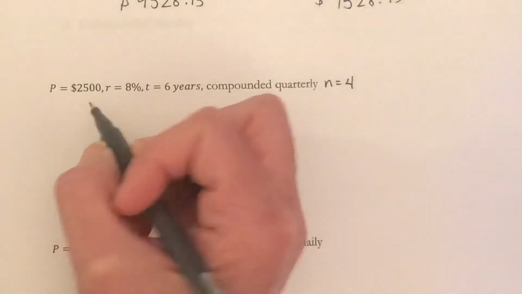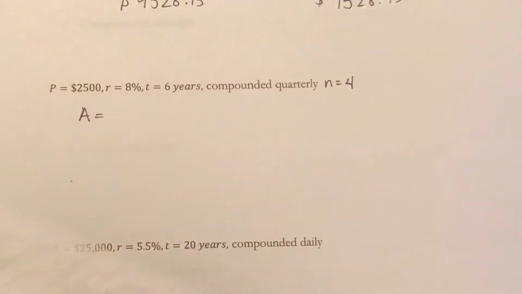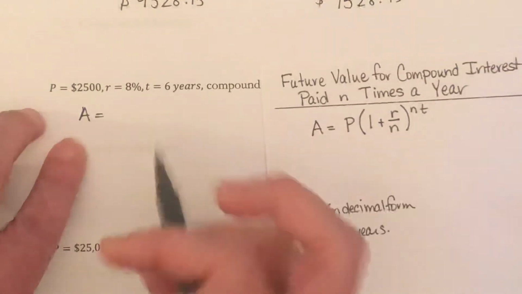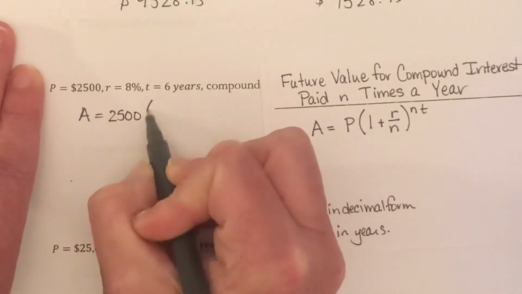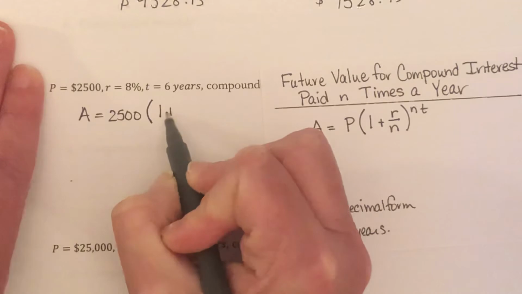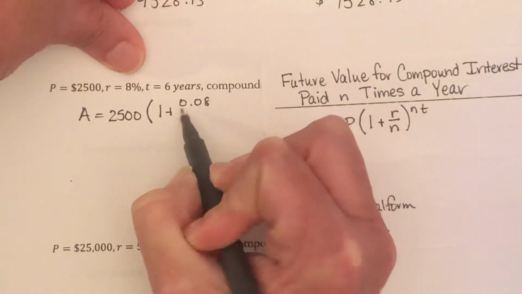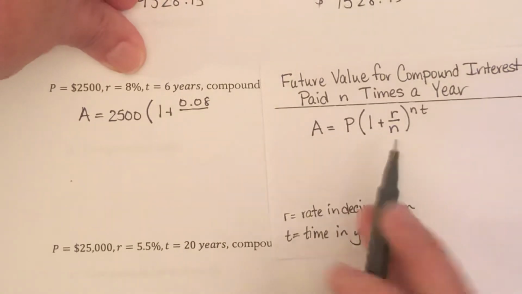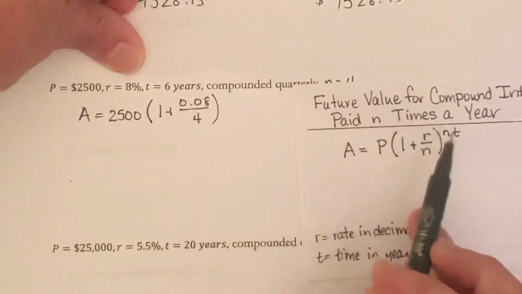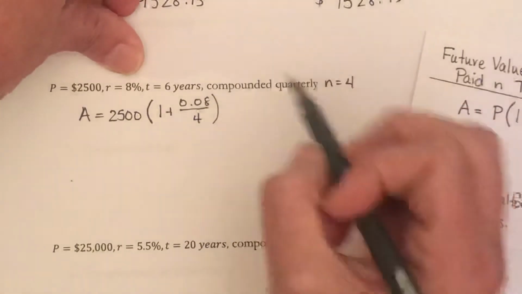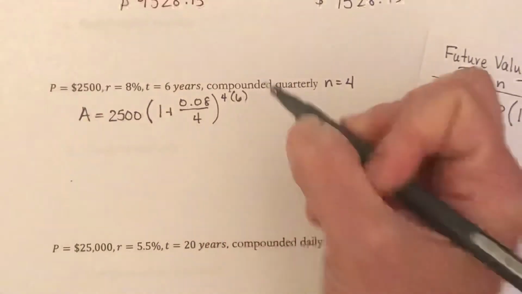So using our formula, we're looking for the accumulated value, and that is the principal, so 2,500, times 1 plus our rate, written as a decimal, 0.08, divided by the number of times we're compounding, which we said was 4, raised to the nt, so raised to the 4 times 6 power.